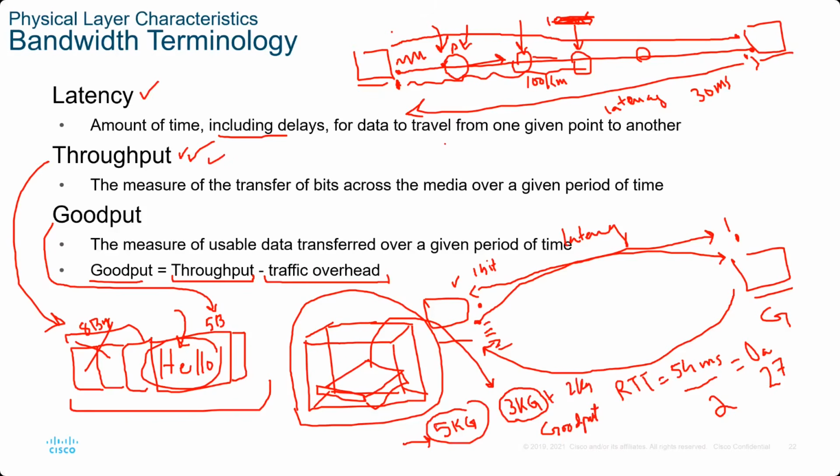So your throughput was 5, but your goodput was 3. This is what is happening in bandwidth as well. Your throughput is, let's say, a 1 MB connection, but the actual data that you get is not 1 MB when you're downloading in 1 second, because there's always overhead, retransmission, and other things that you don't need. You just need that one file to be downloaded. That file is not 1 MB, and still it's taking more than 1 second to download.